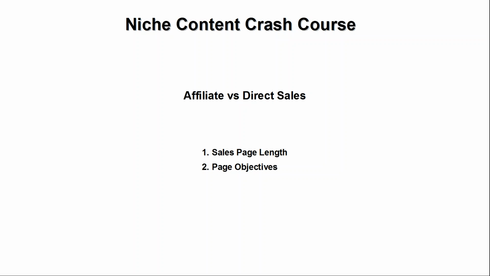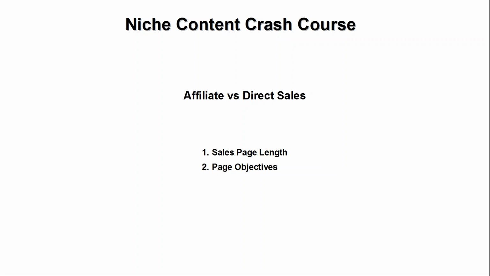Because of this difference, a lot of your affiliate review pages may end up being somewhere between 500 and 1,000 words. They can be longer than that, just depending on how much information you have to convey to your readers, depending on whether you're trying to sell one product or multiple products on that page.